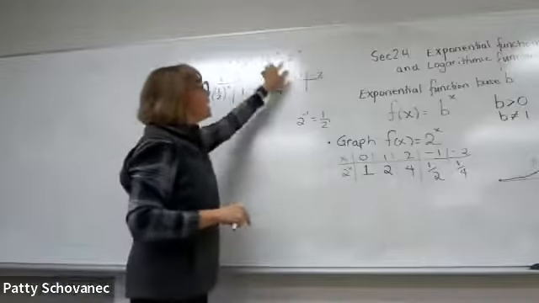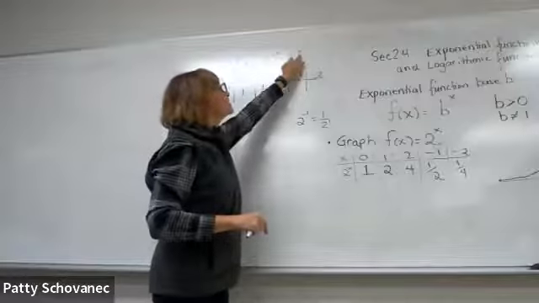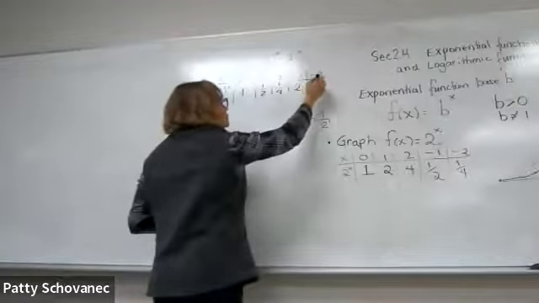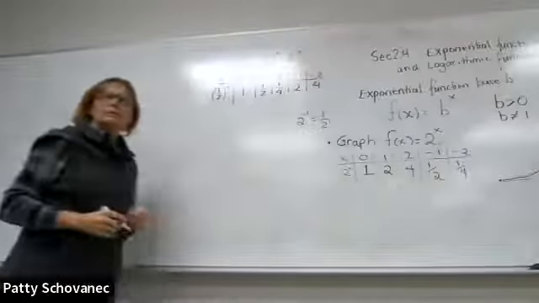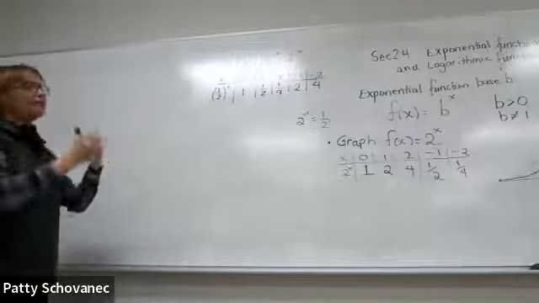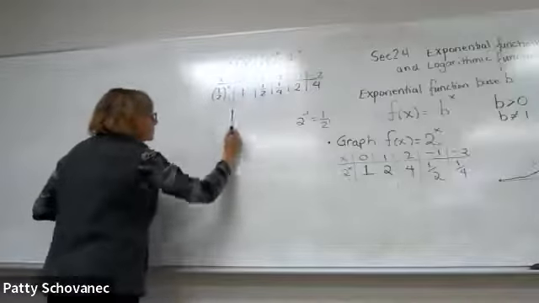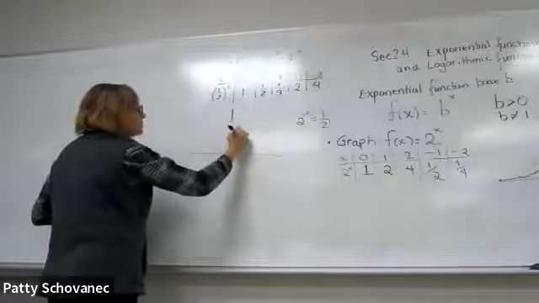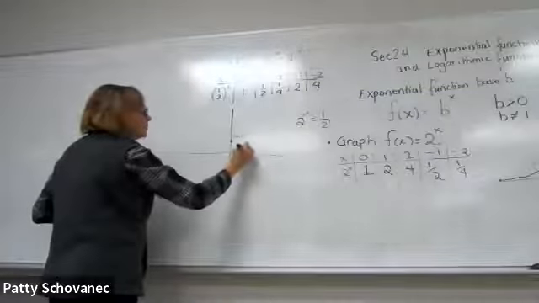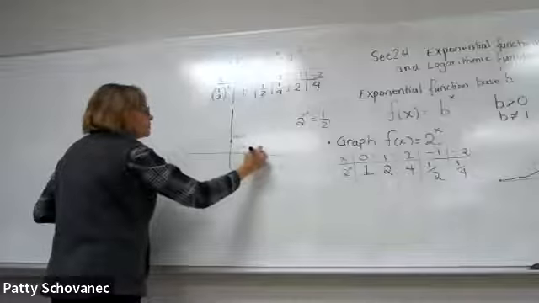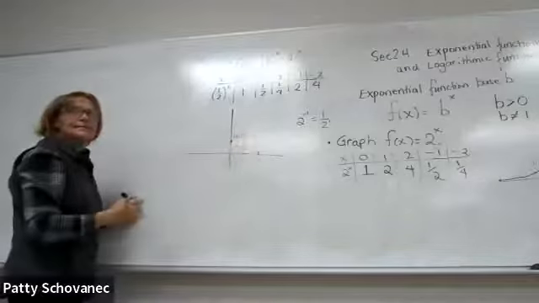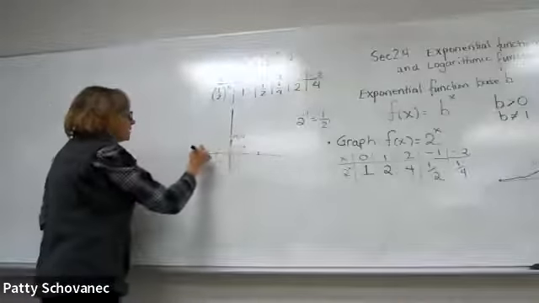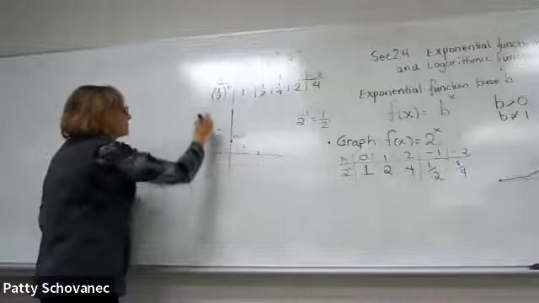When I put a negative power in here, I can look at it this way, that it changes the sign and I get a +2 here, and then the 2 squared or 4 right there. So it's going to take that and flip it about the y-axis and give us values here, 0, 1 as before, but now 1, 1/2, 2, 1/4, and they get close to the x-axis there. -1 goes up to 2, -2 goes up to 4.